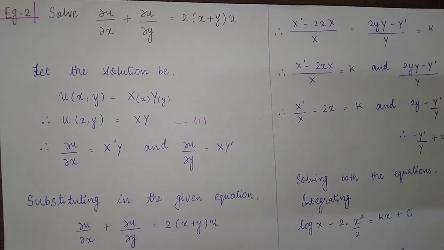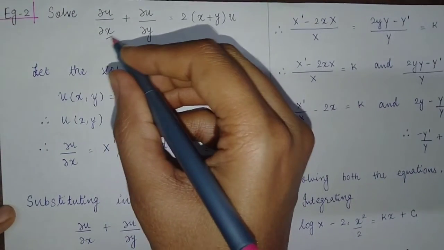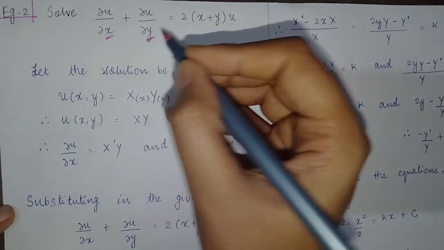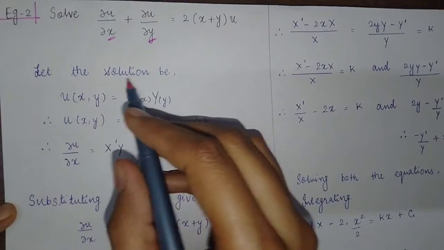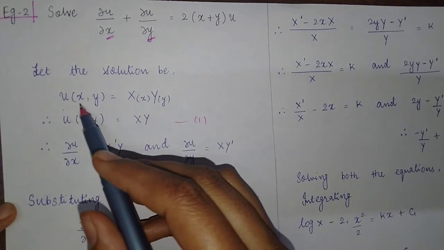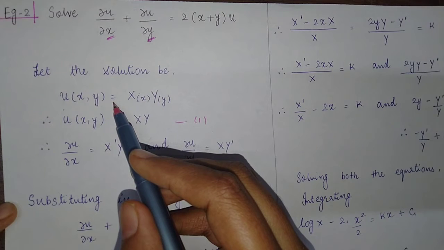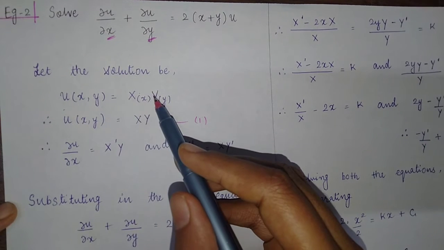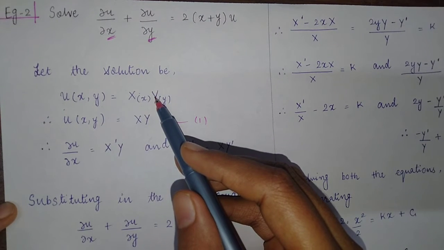Okay. So now example 2. Solve del u by del x plus del u by del y equal to 2 into x plus y into u. Okay. Again you can see that here the first term is of x and second term is of y. So the solution will be u of x comma y equal to capital X into capital Y. Okay.